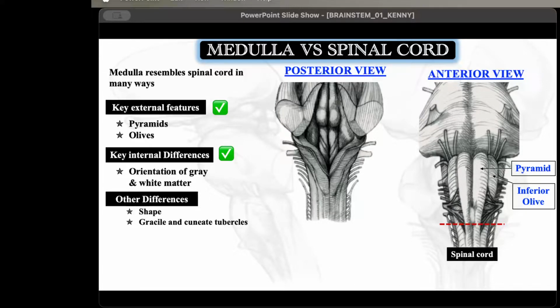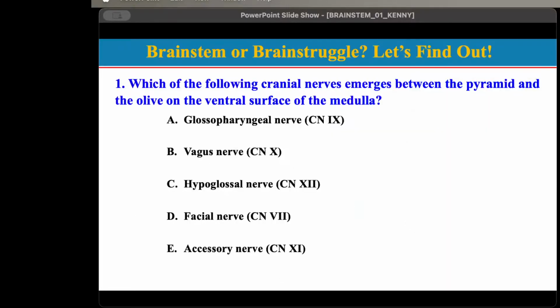And let us take a brief look at some questions that can arise from the brainstem surface anatomy. I mean, we have a lot of questions that can emerge from here, but let us look at some of them.